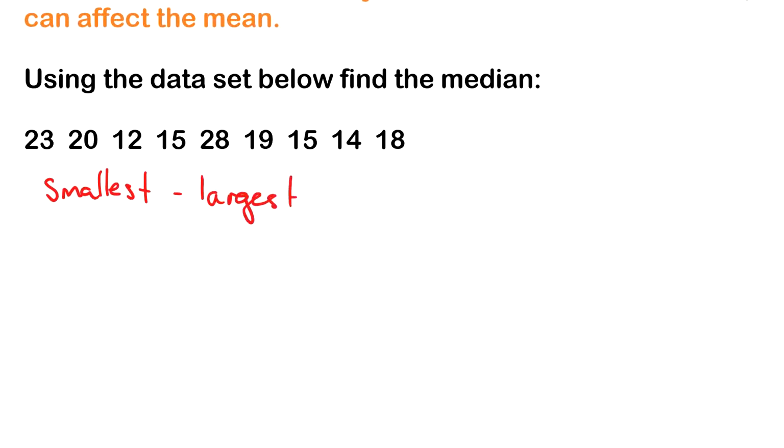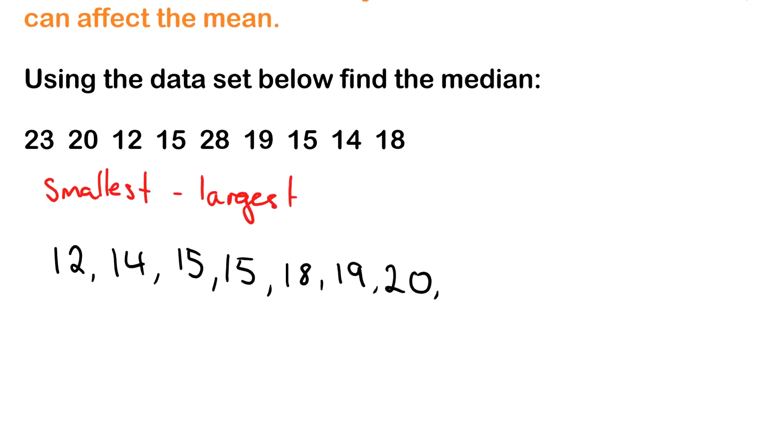Alright, so we're going to reorder them now. 12 is our smallest, then we have 14, 15, another 15, we have 18, 19, 20, and then we have 23 and 28. So I'll just make sure we have the right numbers. We had 9 numbers up above, 1, 2, 3, 4, 5, 6, 7, 8, 9, and we have 9 numbers down the bottom, so we didn't miss any.